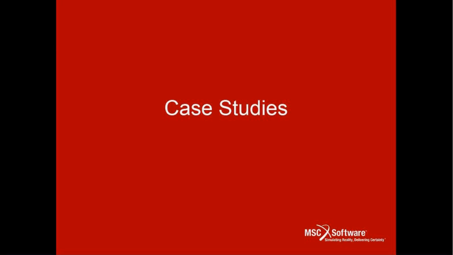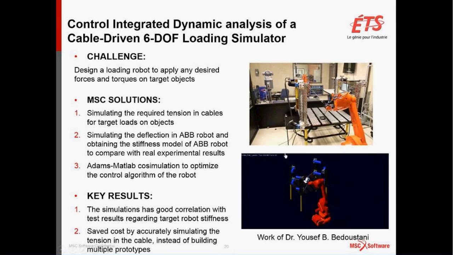Next, let's go through some of the case studies we have. The first case study is the work from a university called ETS from Canada. It's work from Dr. Youssef. What he did here is innovatively design a cable-driven 6DOF loading simulator, or loading robot, that can be used to apply any desired forces and torques on target objects.